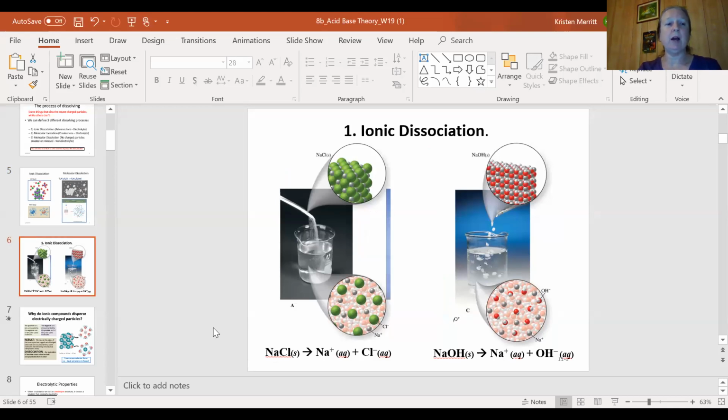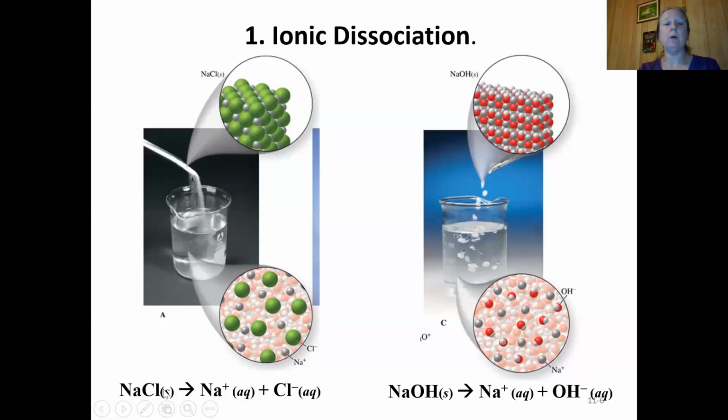So to remind you, the ionic dissociation, you start out with your ionic compound. It's a solid, because ionic compounds are, I can't think of a time when they're not solid. And then you have an arrow. You do not put water in the equation, okay? You do not put H2O on the reactant side of the equation for ionic dissociation or molecular dissolution.